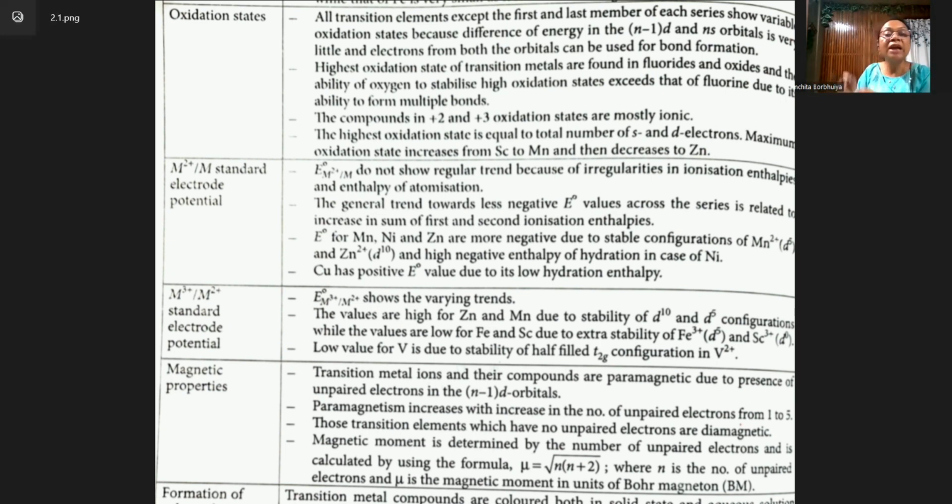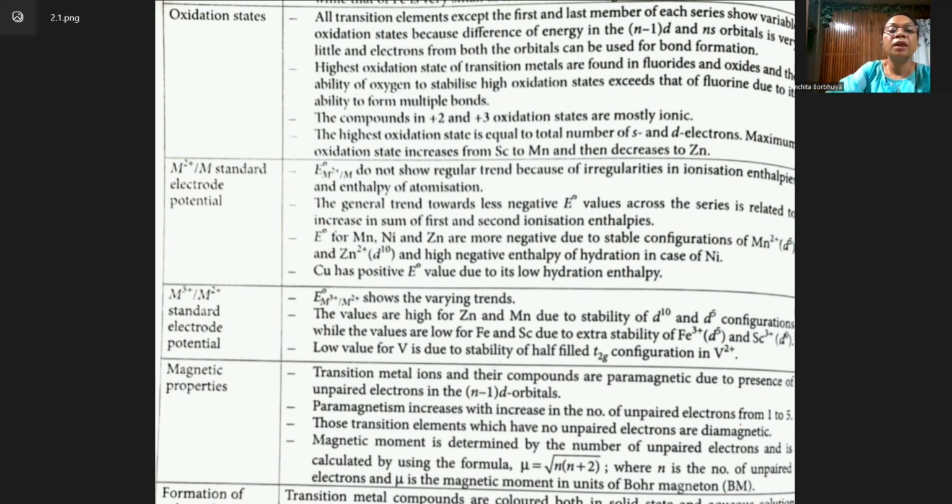For manganese and zinc, because of the stable configuration, and nickel because of the negative enthalpy of hydration, there is negative electrode potential. E naught of M2+/M is low. And the positive E naught for copper is due to the low hydration enthalpy.